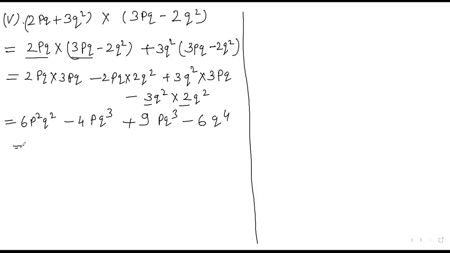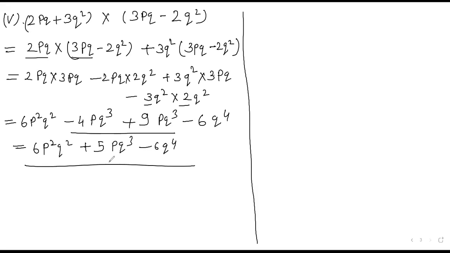Okay, so let us simplify. P square q square, and this will give you 4 because they are like terms, so they will be subtracted because of opposite sign. So plus 5 p q cubed, 5 plus because of the bigger number, and 6 q power 4. So this is the product of the given polynomials.